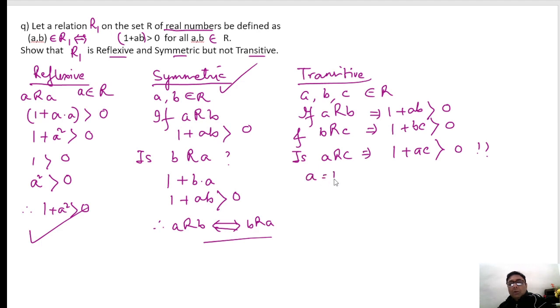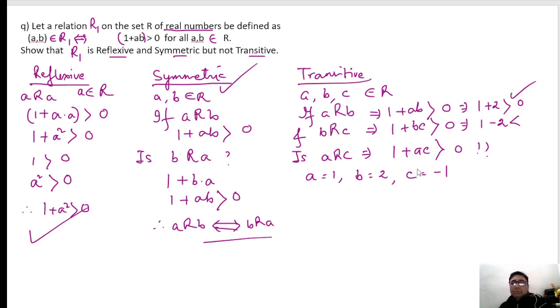A equal to 1, B equal to suppose 2, and C equal to suppose -1. Any number we can take. Okay, so let's check. 1 plus 2 greater than 0, yes, correct. Now check 1 minus 2, this is less than 0.